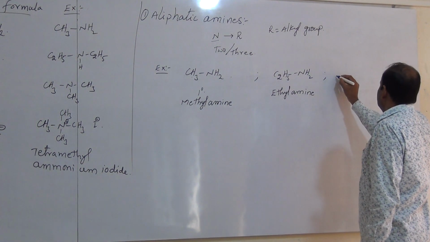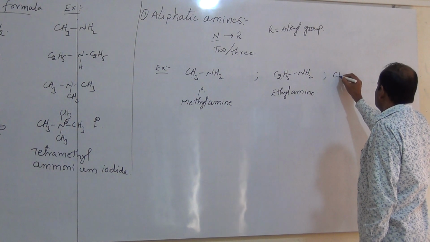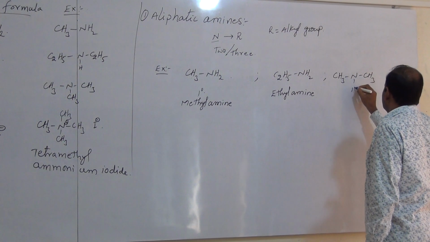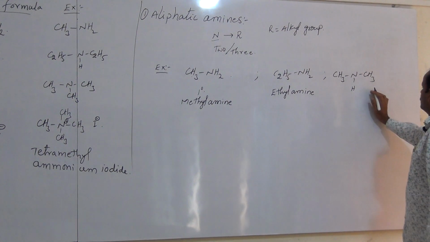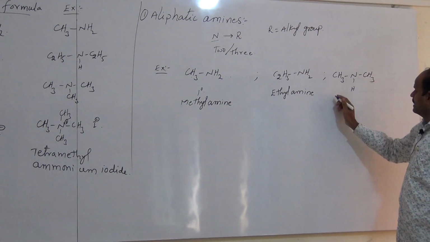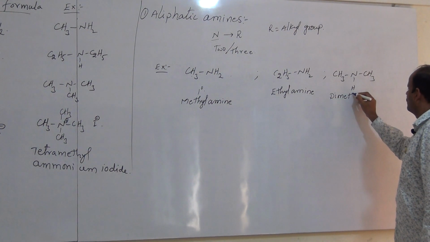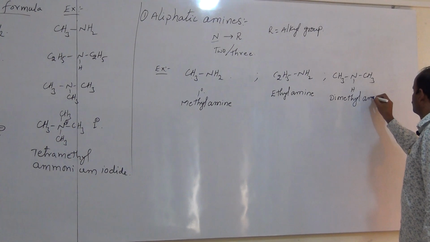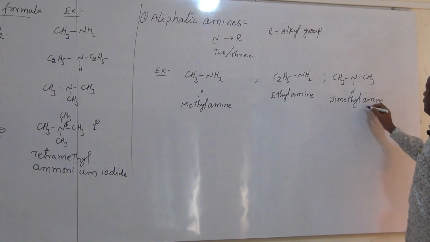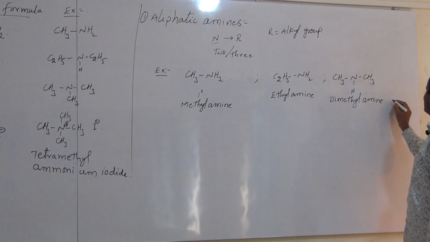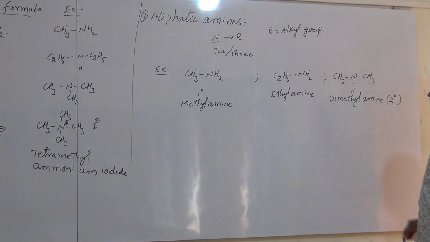And here, CH3 N CH3 H. So 2 methyl groups are there. Hence it is called dimethylamine. In this compound, the nitrogen atom is attached to 2 alkyl groups. Hence it is the secondary amine.